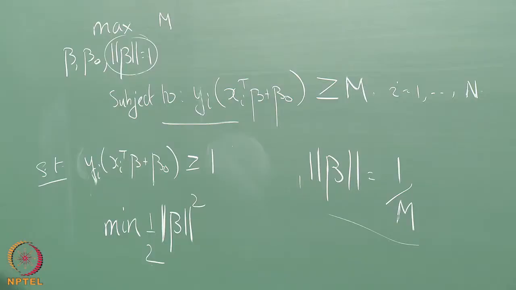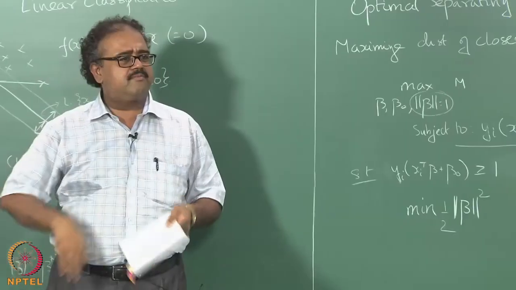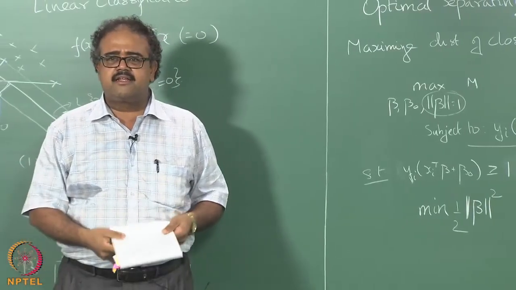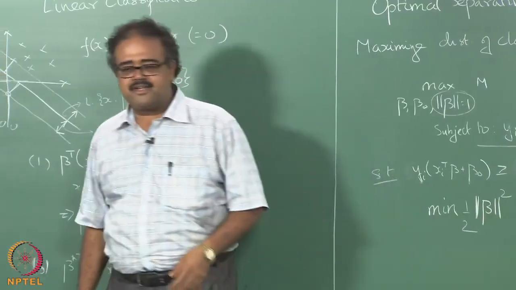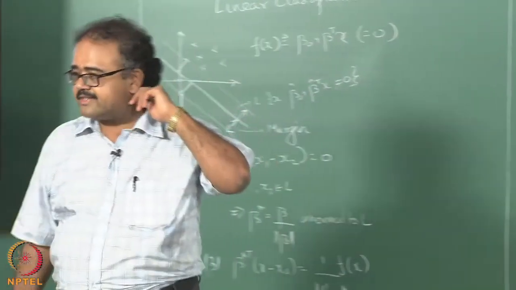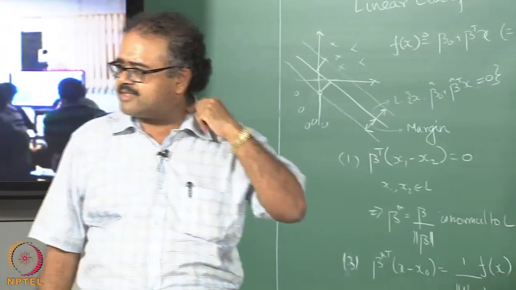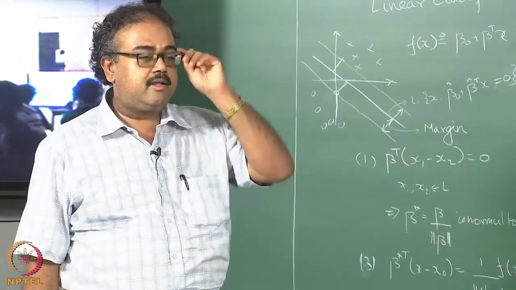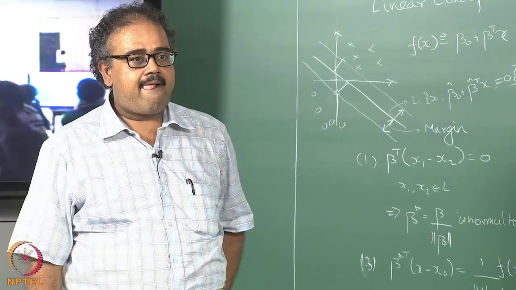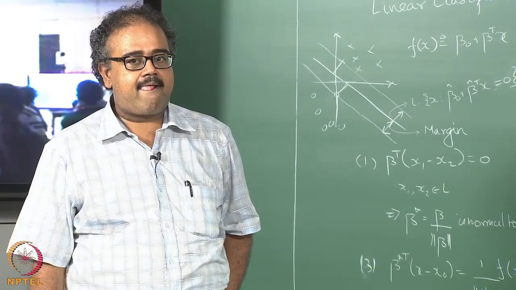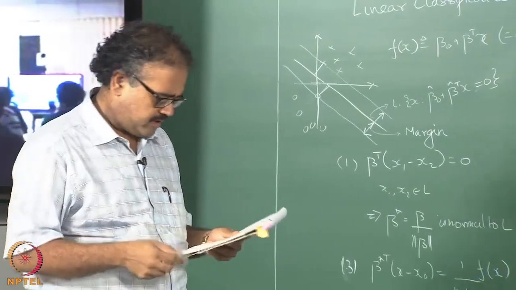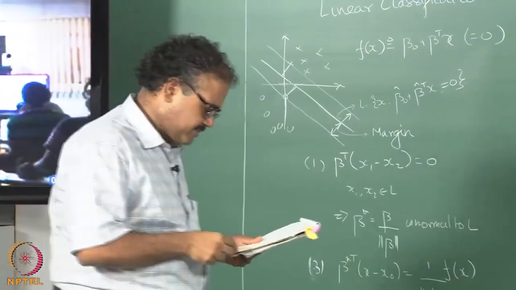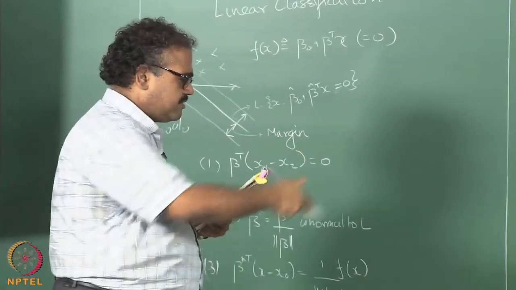I am going to do all of that so that it makes it easy for me to take derivatives, minimize and things like that, right. So I just made it a squared function so that I can manipulate it more easily. It does not matter, minimizing norm beta is the same as minimizing beta squared, right. So norms are anyway non-negative, yeah. So is it clear so far?